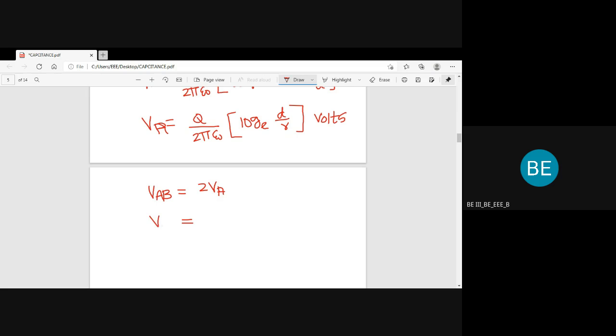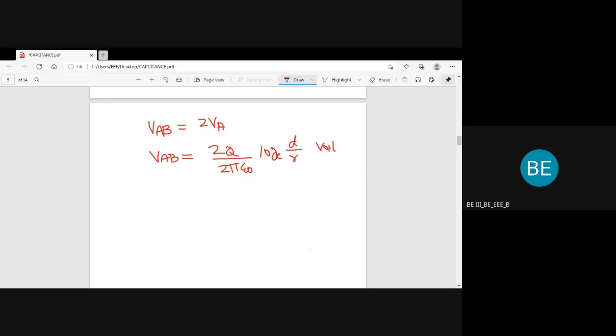So the VAB value is 2Q divided by 2 pi sigma naught logarithm of d divided by r. The formula for capacitance is charge q divided by voltage VAB.